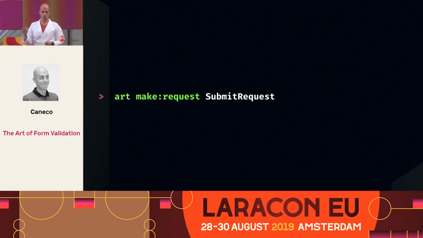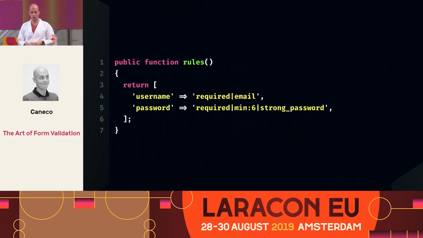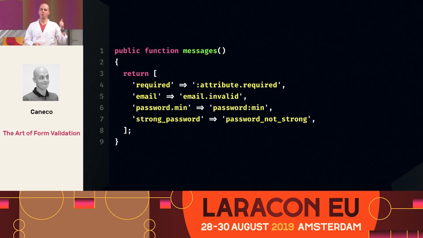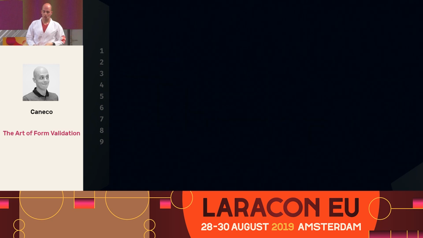So you can make a submit request, with a random name in there, and you can set up your rules. But here is the magic. You can set up these tiny trigger words that you can later use to check from JavaScript.